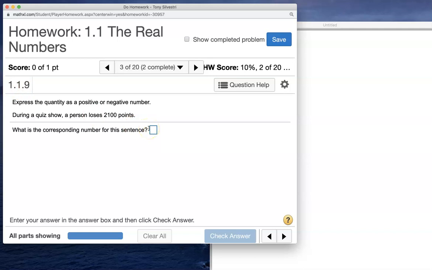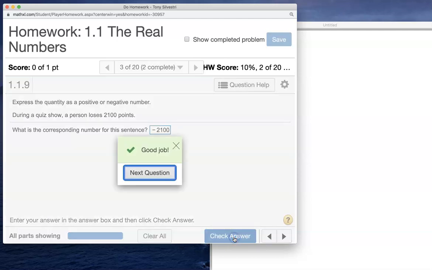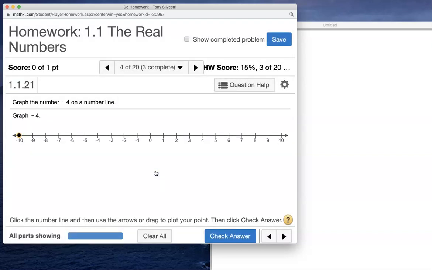Boy, they really don't want to give you any positive numbers here on the sample test. During the quiz, a person loses. You know what? Yeah, everything was negative. There will be some questions that they'll ask you that will be positive. I just was lucky enough to get negative answers here.